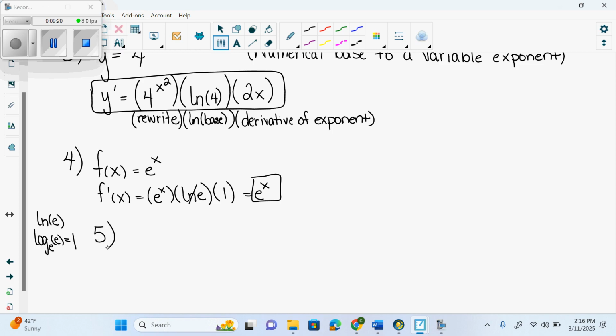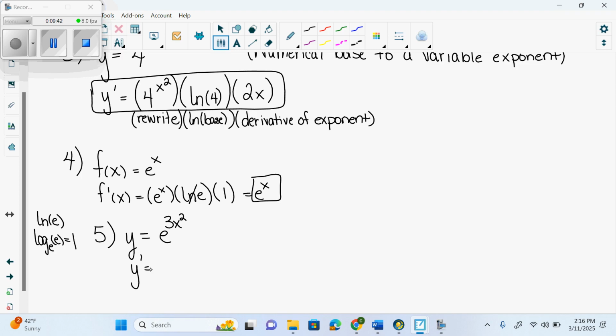5. Y equals e to the 3x squared. So my y prime would be numerical base to variable exponent. No one should be on their phones.